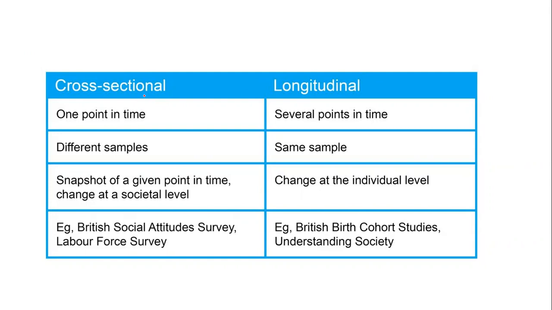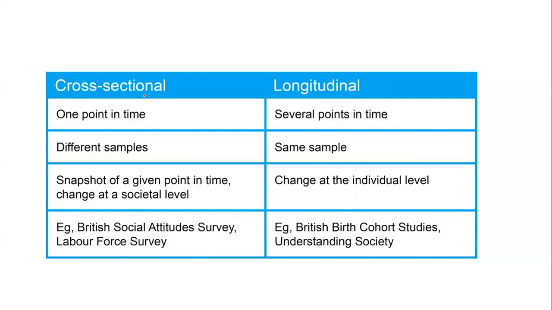Longitudinal takes into consideration several points. In cross-sectional, different samples are taken into consideration. In longitudinal, the same sample is used. In cross-sectional, a snapshot of a given point in time is taken at a societal level, change at the societal level. Whereas in longitudinal, this is change at an individual level.